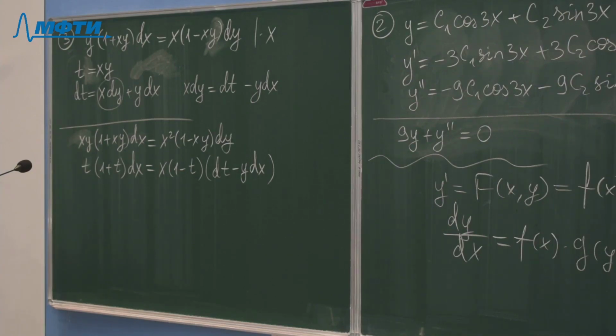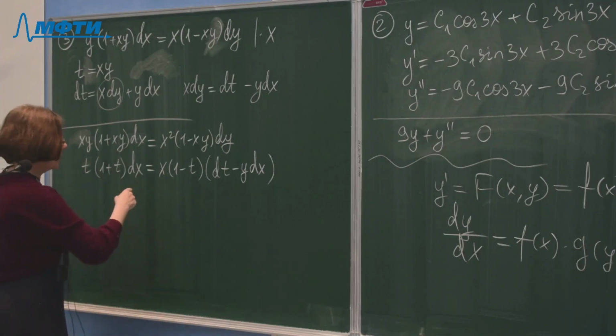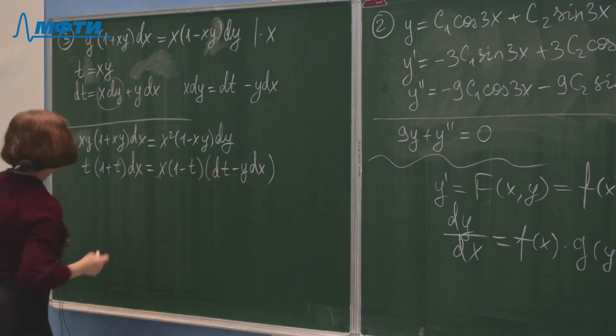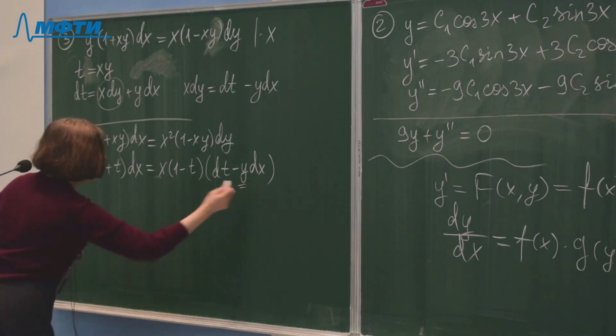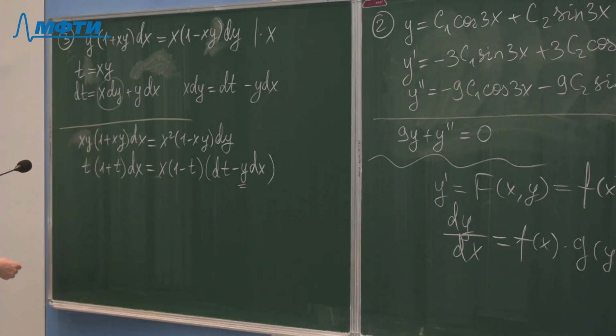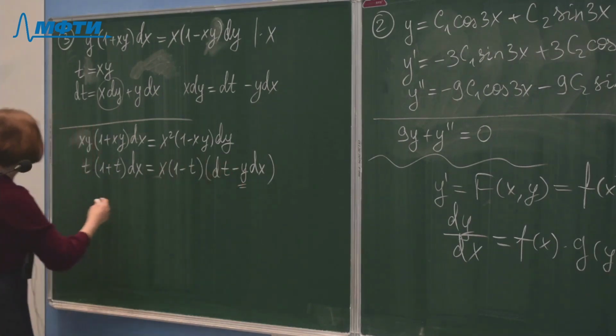And our last step will be to eliminate y, right? So we have this equation, but we have y and we want to eliminate y. And then let's expand this part.